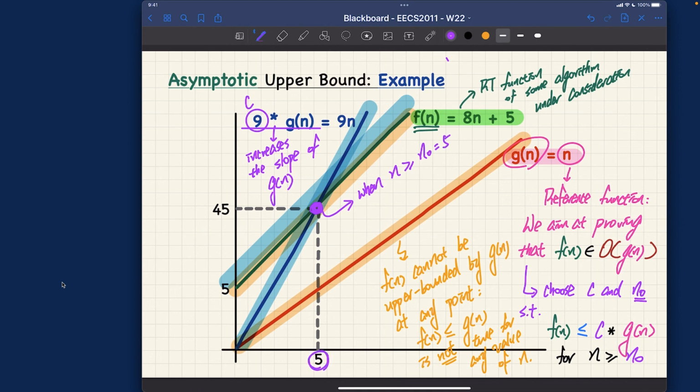So remember the 5 that we found before. So this is the n0. f of n is less than or equal to the multiplicative constant c, which is 9, multiplied by g of n.